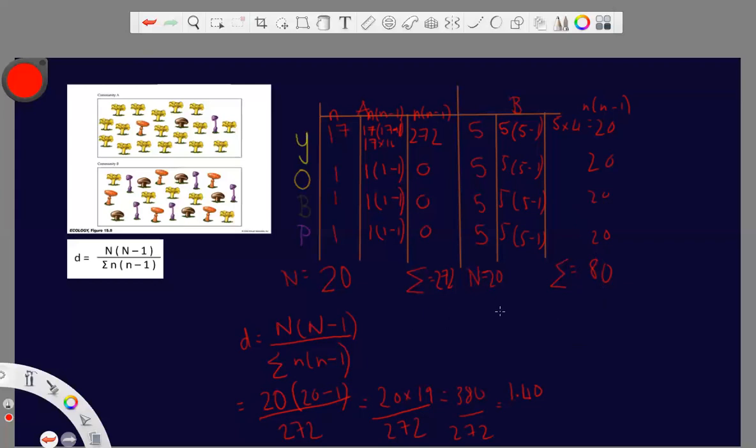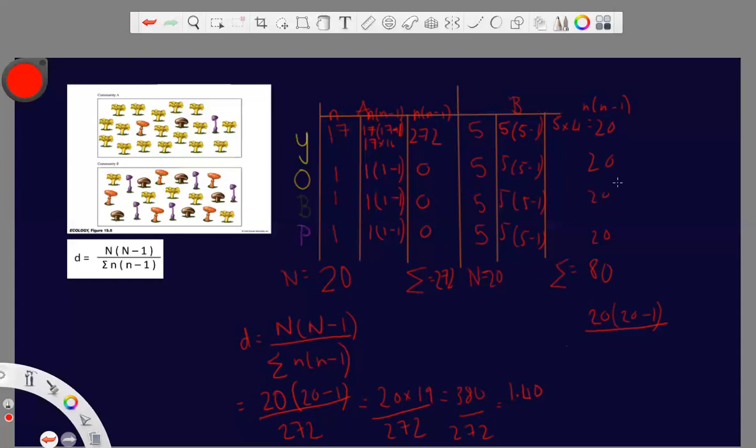Let's work out the index of diversity for community B now. We're going to use the same equation. Again, big N is equal to 20 because we have 20 individuals in total, so it's 20 multiplied by 20 minus 1, divided by the sum of n(n minus 1).